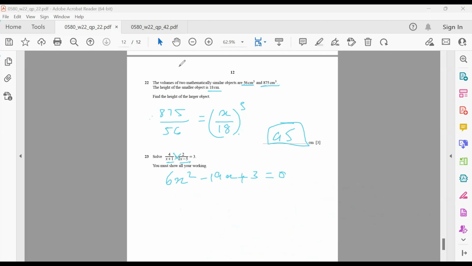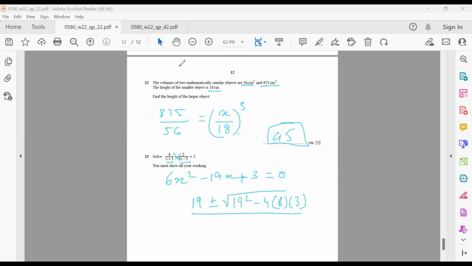Now they are assuming that we use the formula method for quadratic. So that is minus b, so minus minus 19, which is 19, plus minus the root of 19 squared minus 4 into 6 into 3.